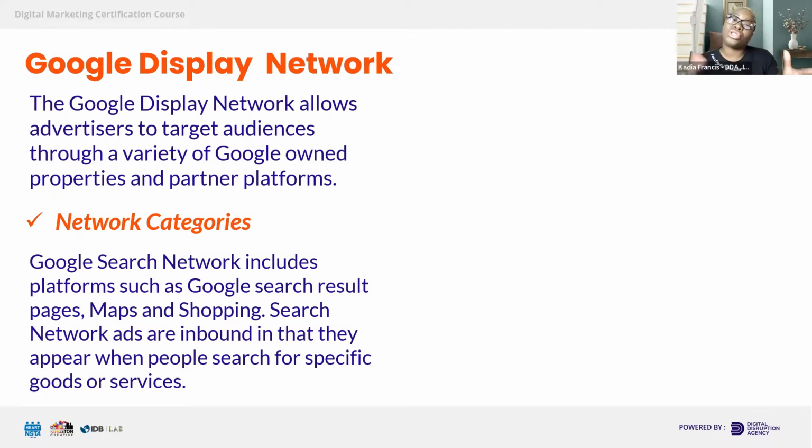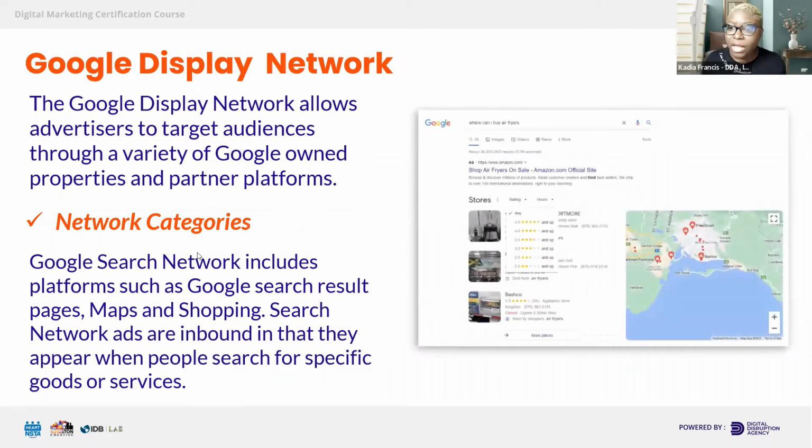So that's the Google Search Network, right? You search for where can I buy air fryers, and you're going to see Amazon pop up. The only reason this ad is here is because I typed in air fryers buy, which Google interprets as a transactional query because I used the word buy and then an item.